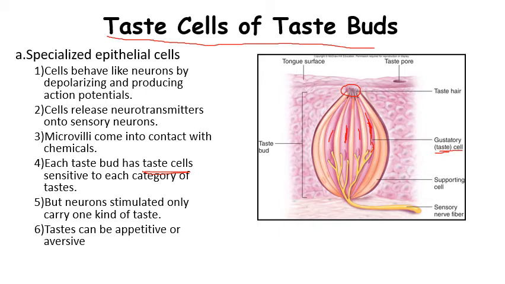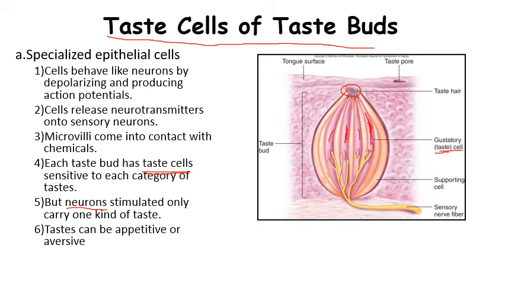It will not respond to salty chemicals. It's the same with the neurons. The neurons are not stimulated by different tastes. If a neuron is devoted to sweet, it's only carrying information for sweet to the brain in that pathway. So they're not intermixed.